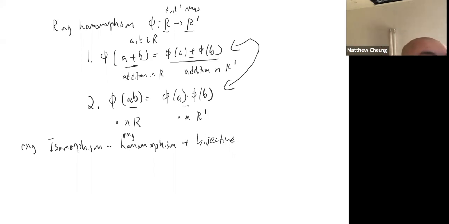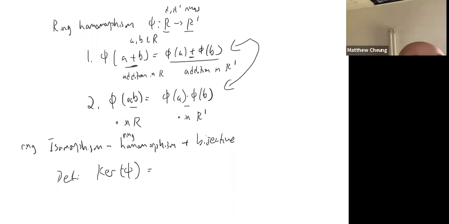Okay, let me define something we won't really be using for now: the kernel. You should know what this is. In linear algebra, what was the kernel, or the null space of a matrix? It's the set of things that satisfy AX equals 0, the set of things that map to 0.